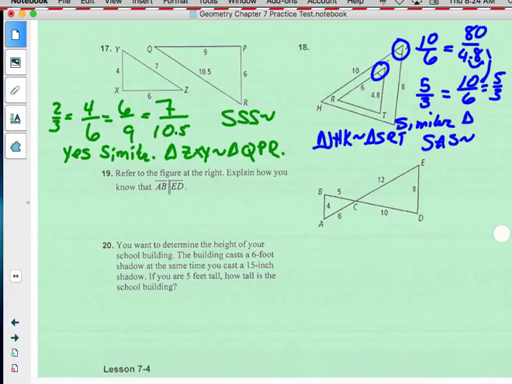Refer to the figure at the right, explaining how you know that segment AB is parallel to segment ED. AB is parallel to ED. Now, if they are to be parallel, I have to have alternate interior angles congruent. So to make that congruent, I have to show that the triangles are similar, based on this connection.